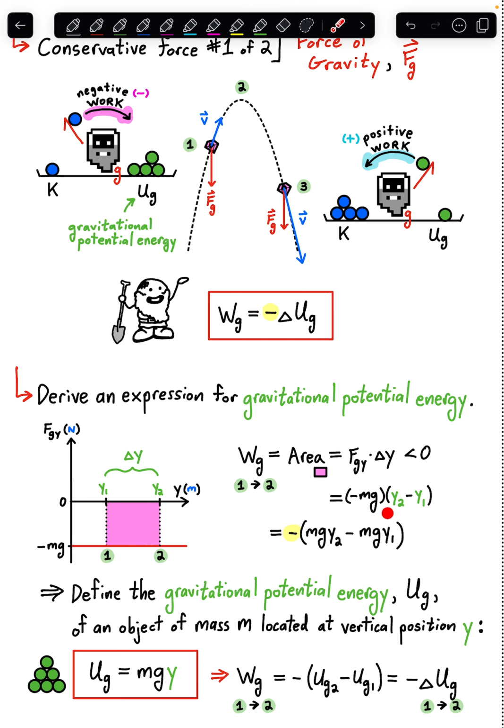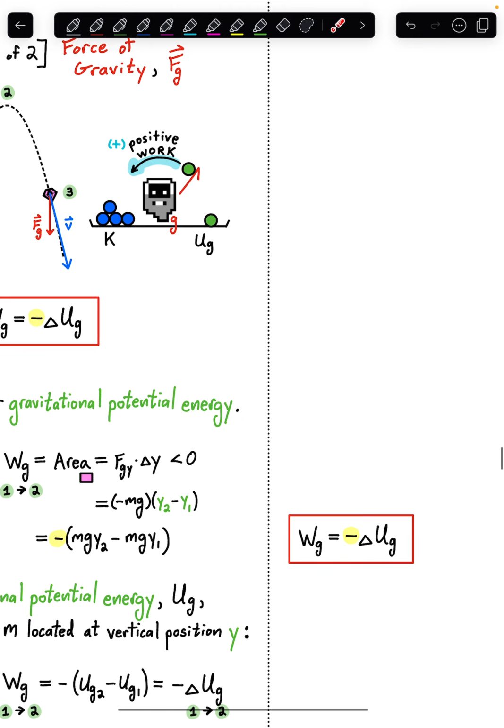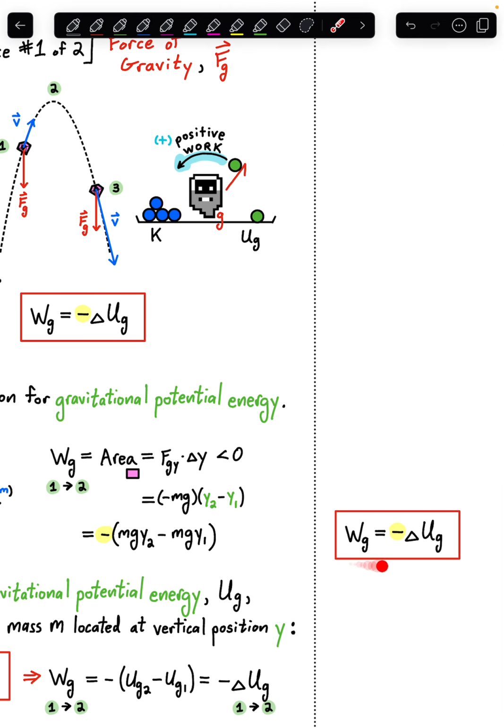If I distribute the mg and factor out that minus sign out front, I can write the work done by gravity as this. The opposite of mg times the final y coordinate minus mg times the initial y coordinate. And this expression written here reminds us of the principle we just wrote down above, that the work done by gravity is the opposite of the change in gravitational potential energy.